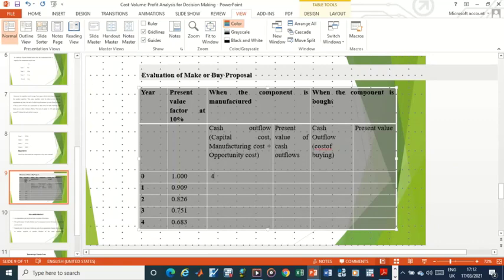Adefolaju purchased the component at the rate of 4 million naira. Then the second year, we have 6 million naira. That's the cost of manufacturing that Adefolaju is going to incur in the first year.